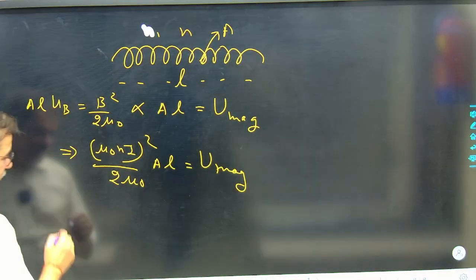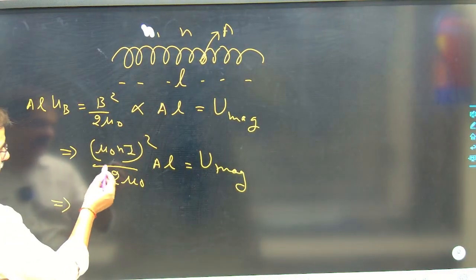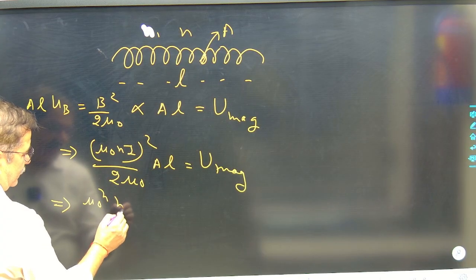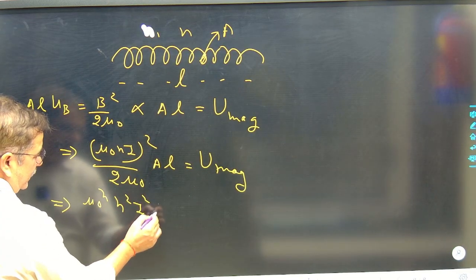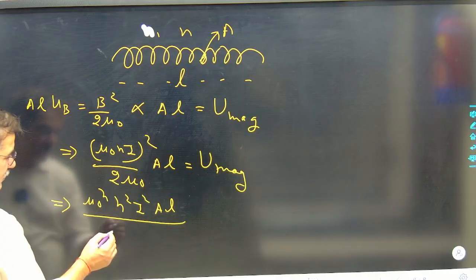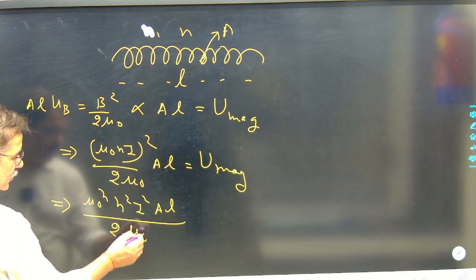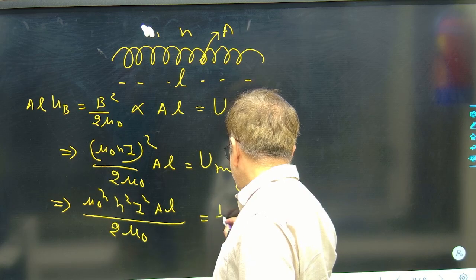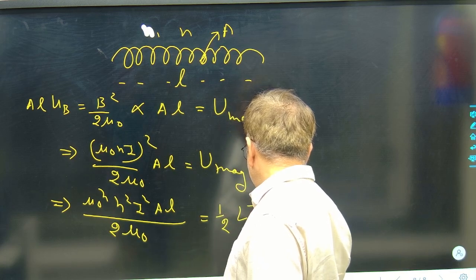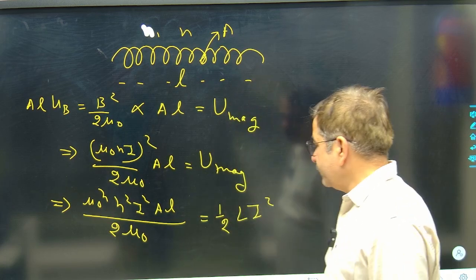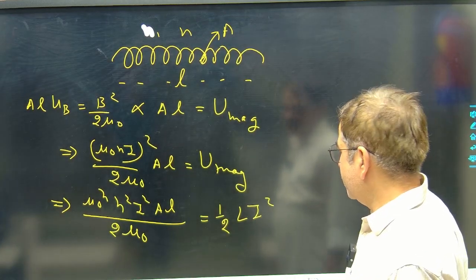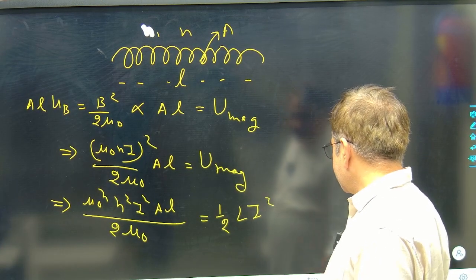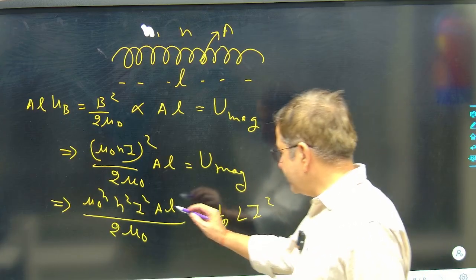Now you see here, it is mu naught square N square I square A into L by 2 mu naught. And if I put it as half L into I square, this will go quite correct, no? This will go quite correct, because if I see the coefficient of current, here it is I square.